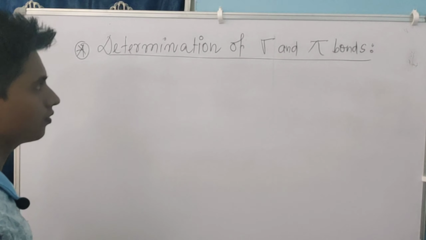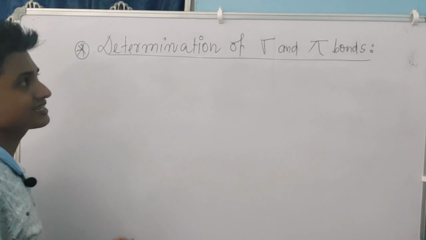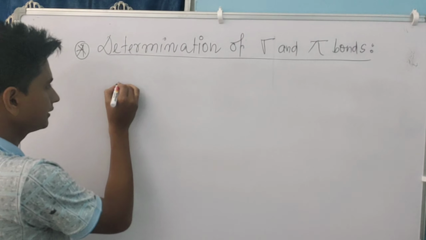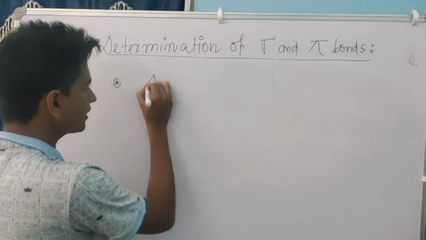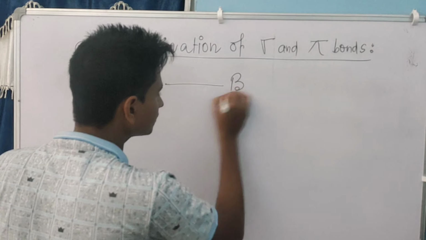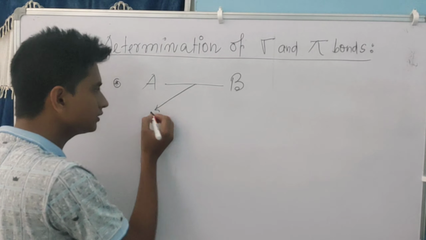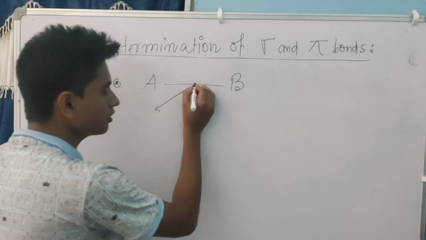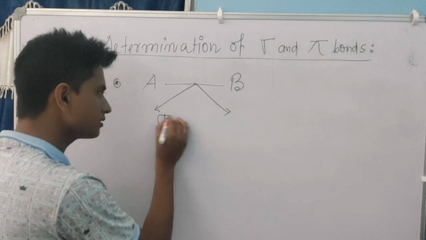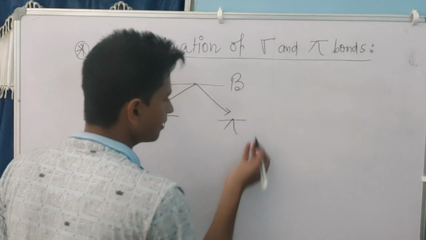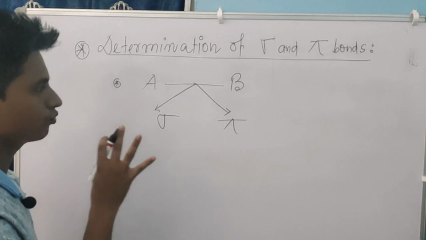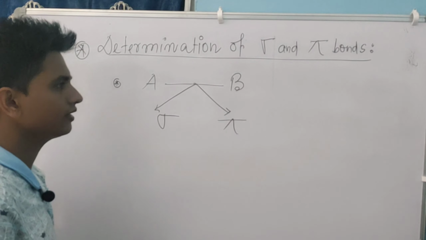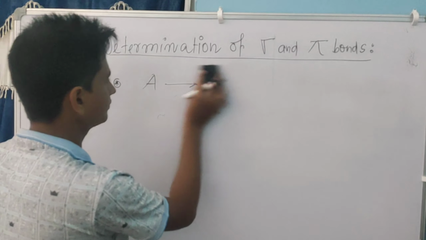Now we have to go through what sigma and pi bonds are generally. Covalent bonds are generally of two types: one is called sigma, another is called pi bond. You have to find out this type of bonds from a given molecule.